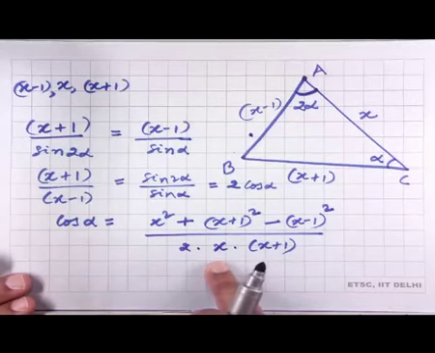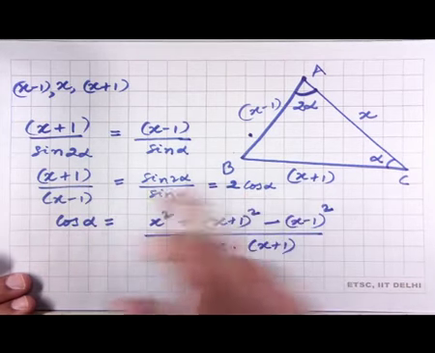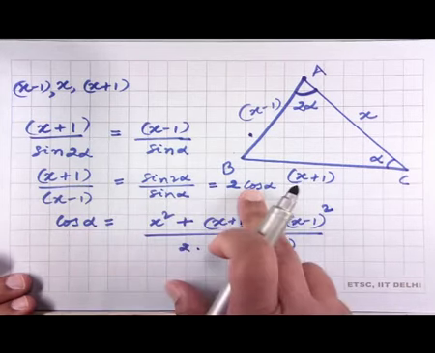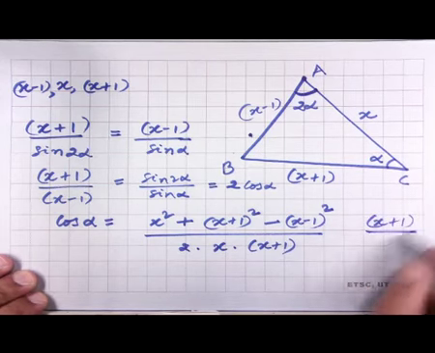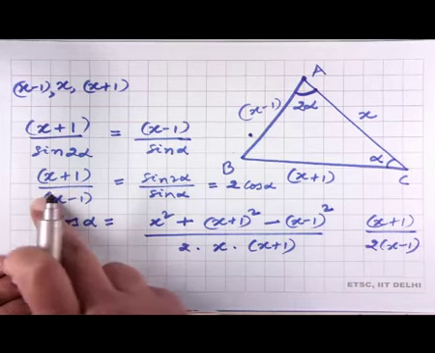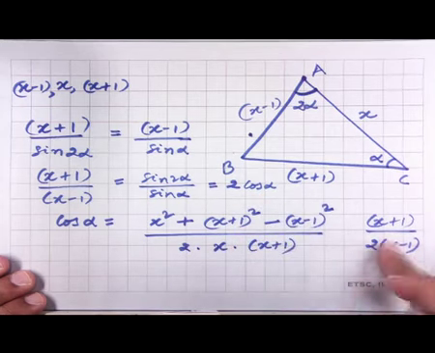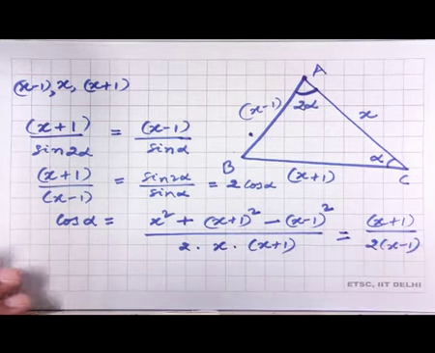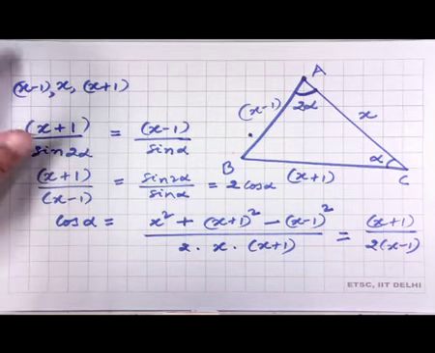But we have the same cos alpha here also. So, from this equation we know that cos alpha is equal to x plus 1 over 2 times x minus 1. So, from this particular equation, this and this should be equal. Let us simplify that on the next slide.